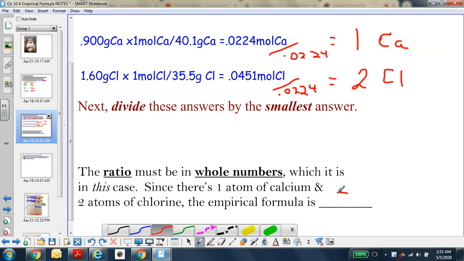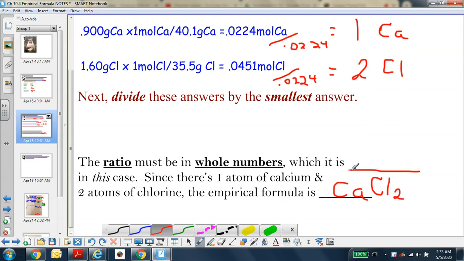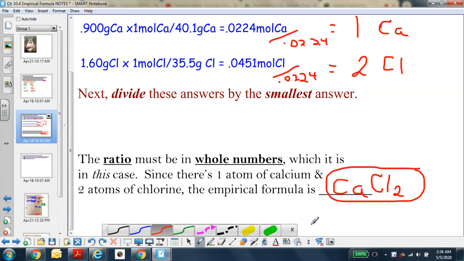And our empirical formula, CaCl2. And we're always going to come up with a whole number ratio. Occasionally, that will not happen, and I'm going to show you in the next example what to do about that. So here's our empirical formula. This is what we're after. CaCl2.